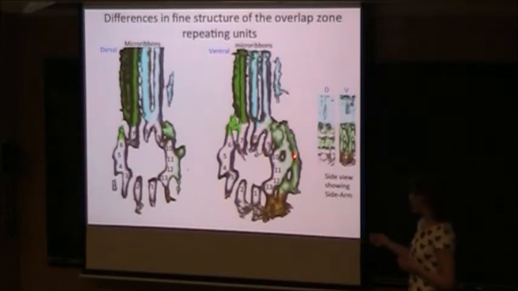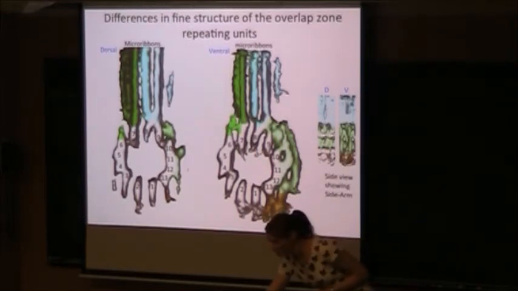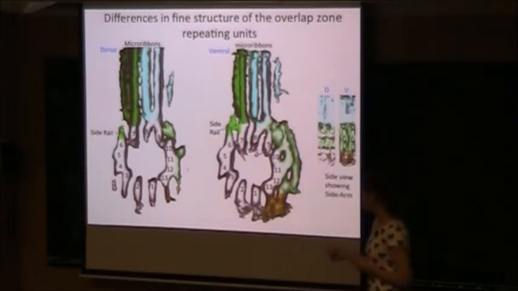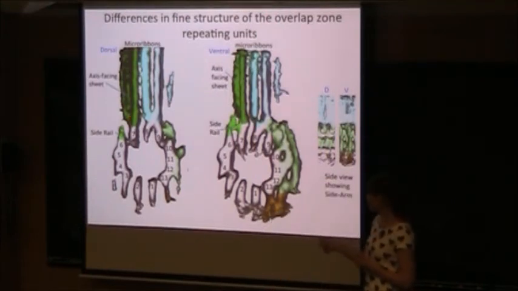And so nobody knew that this ventral disc wasn't uniform across the whole disc. So now we've shown there's various novel components. We call this guy the side rail, here and here. This is the axis-facing sheet of the microribbon.